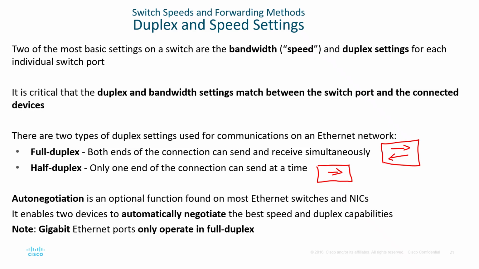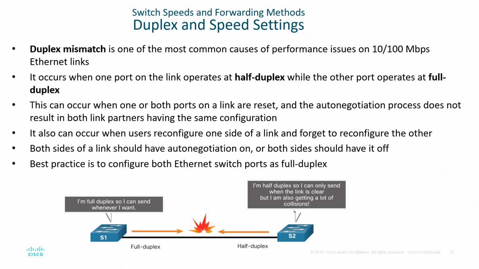Gigabit Ethernet ports only operate in full duplex, so you don't see the scenario. But in older technologies, you can see this happen. So a duplex mismatch is one of the most common causes of performance issues on a 10/100 megabit Ethernet link.